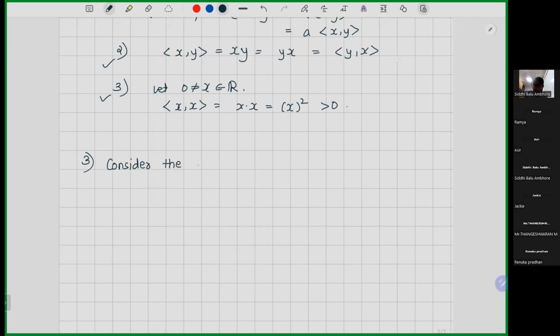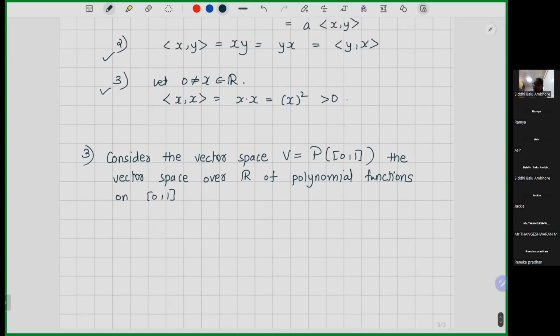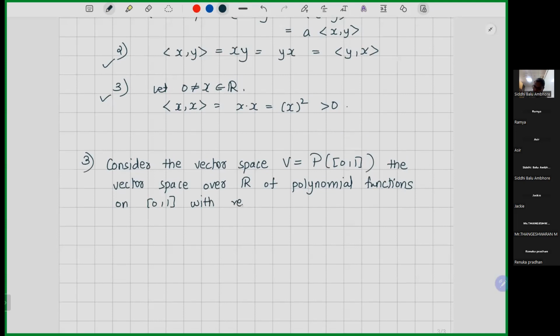Consider the vector space V equal to P[0,1], the vector space over R of polynomial functions on [0, 1] with real coefficients.